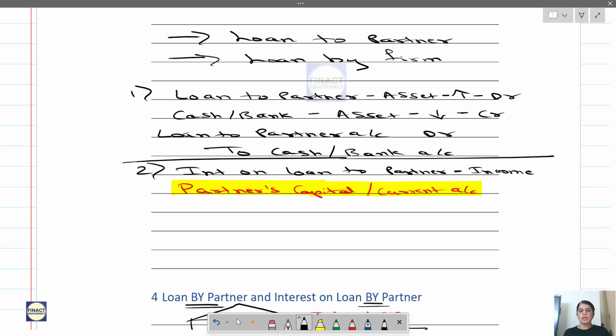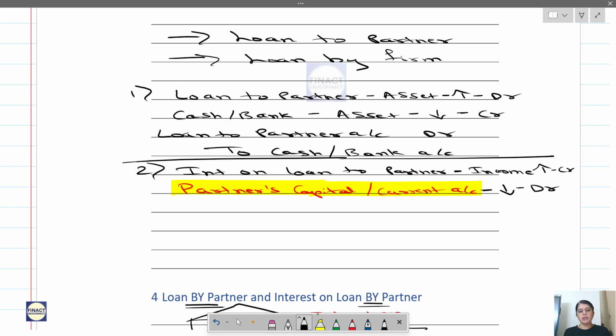Now what is happening? Interest on loan to partner is an income. It is increasing, so we have to credit it. Now recover means we have to take it from the partner. That is, firm has to take it from the partner. So the balance in the capital or current account will decrease, correct? Firm's liability toward partner will decrease. So we have to debit.